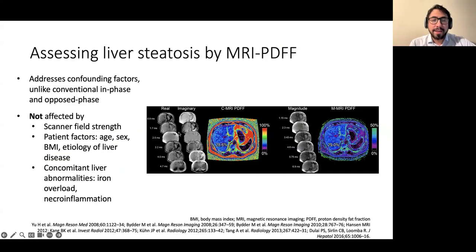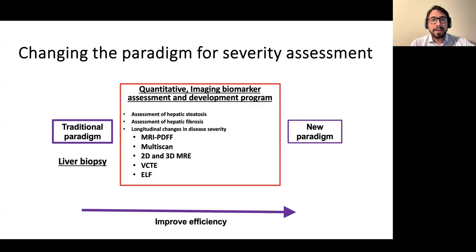And I think it's important to realize that liver biopsy is not the perfect method to determine differences among groups. And at least in the MASLD field, magnetic resonance imaging proton density fat fraction has become an almost gold standard to identify liver steatosis, and it's not affected by scanner field strength, patient factors, and concomitant liver abnormalities.